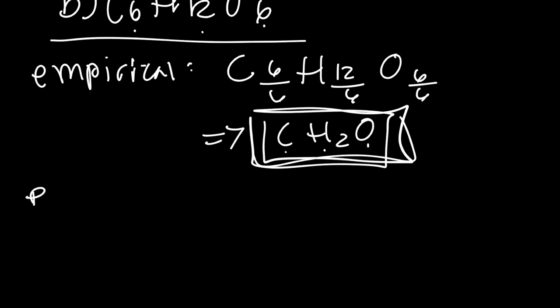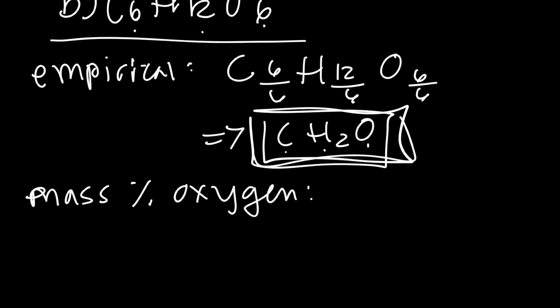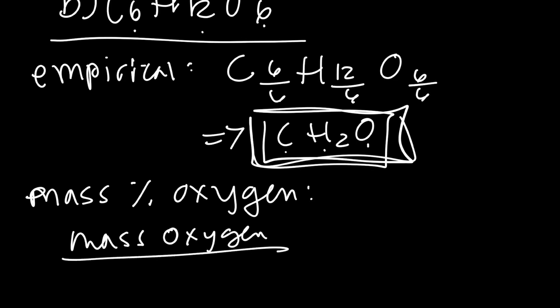Now to move on to mass percent oxygen. Again, we're going to find the mass of oxygen over the total mass, and we're going to multiply by 100 to get the percent.